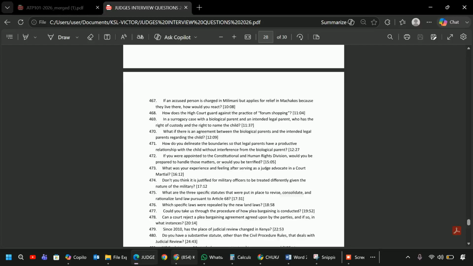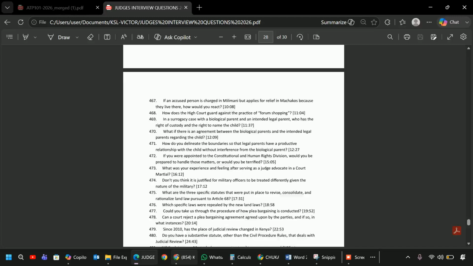Then present the agreement in open court for recording, where the prosecutor tables the agreement, the court conducts a plea inquiry, explains rights being waived, penalties, and confirms voluntariness and competence pursuant to Section 137F. Then the factual basis is read and recorded. Prosecution lays the factual basis, and the court must be satisfied it supports the plea.